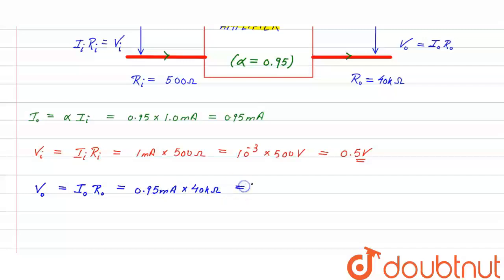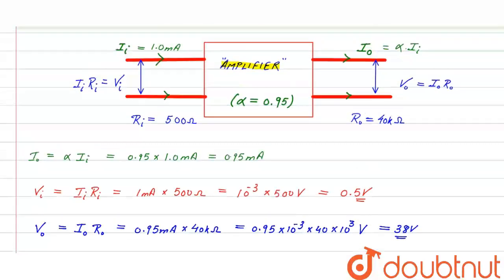On solving, we get 0.95 multiplied by 10 raised to power minus 3 multiplied by 40 multiplied by 10 raised to power plus 3 as we solve kilo, and this all will be in volts, and after solving we will be left with 38 volts. So the final answers are 0.5 volt and 38 volt for the given question.